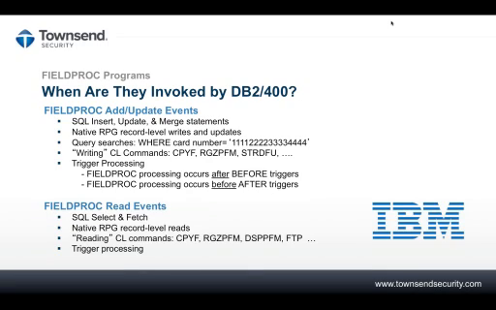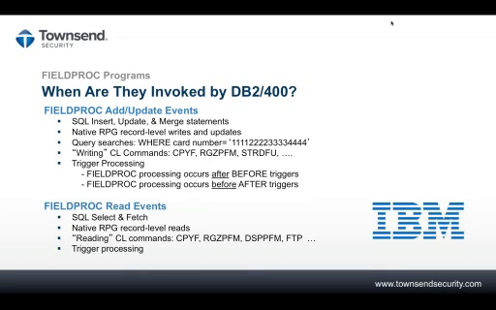Switching now to read events, SQL selects or any native RPG chain operation or a COBOL read operation on the database, and certain commands at the IBM level will trigger a call to FIELDPROC to do a decryption on the column. So any kind of read event will again invoke FIELDPROC to do a decryption operation.